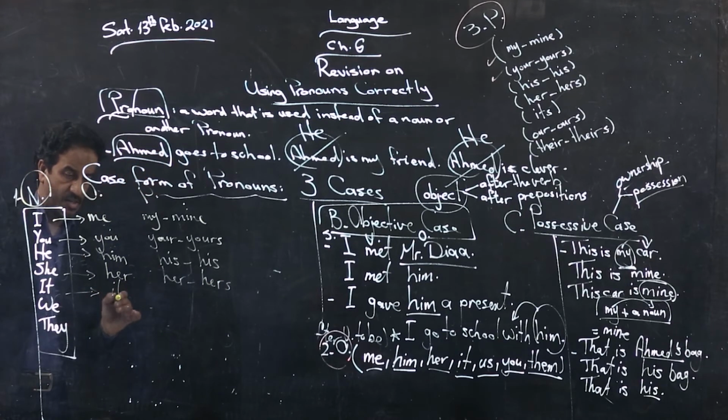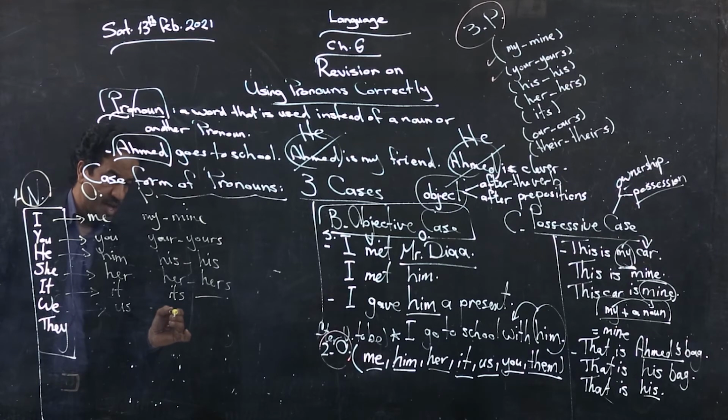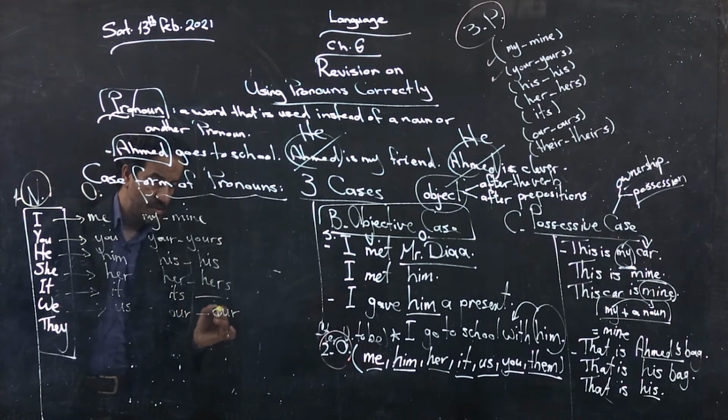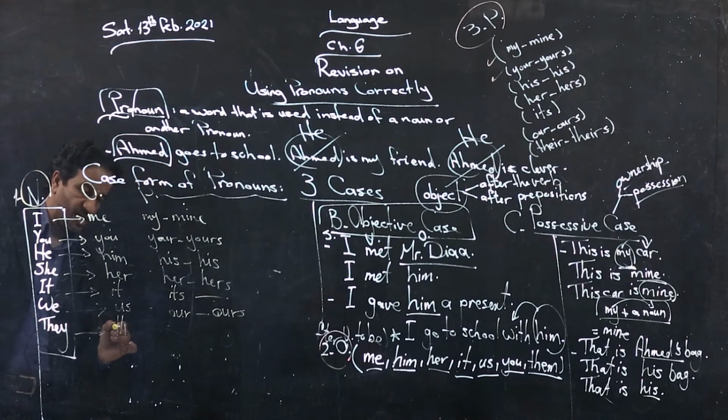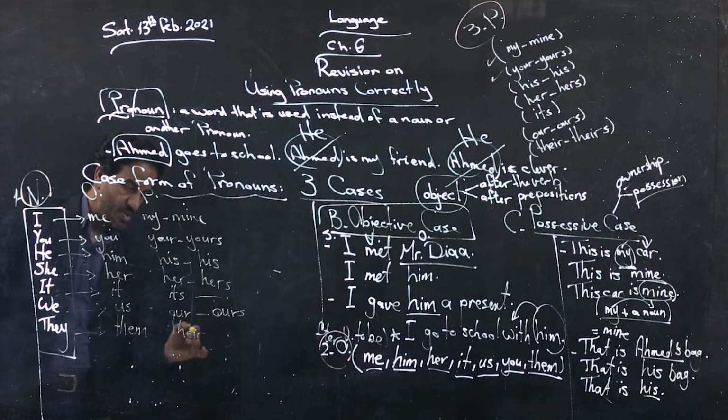It, the same thing in objective case, its only, no here. We, us, our, ours. They, in the objective case, them, their, theirs.